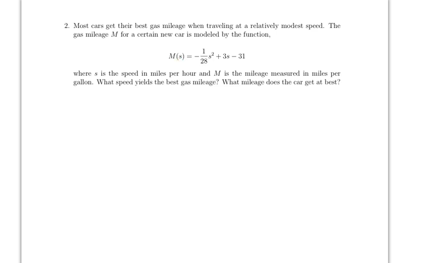Notice that this is negative, so the parabola is going down, which means it has a maximum. All you have to do is figure out what the vertex is.